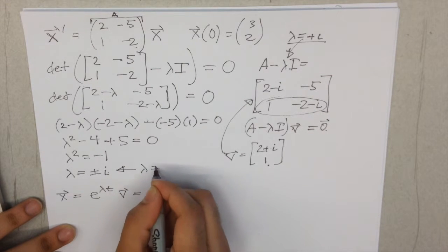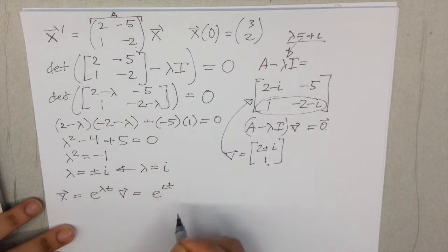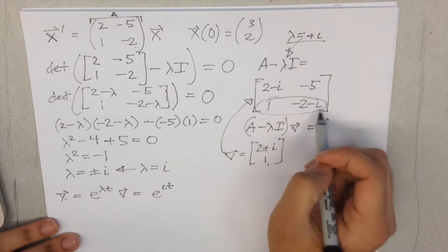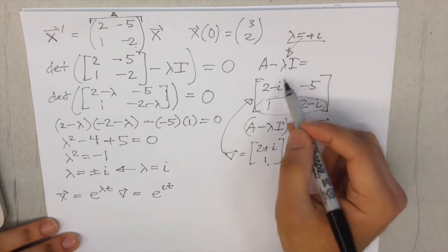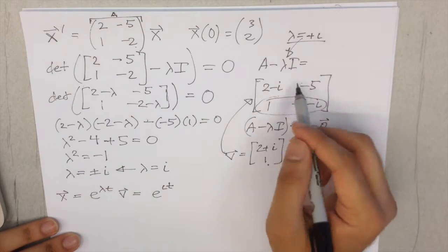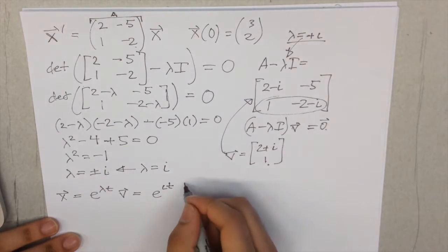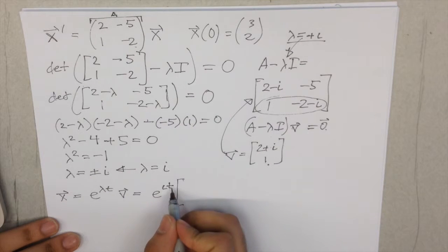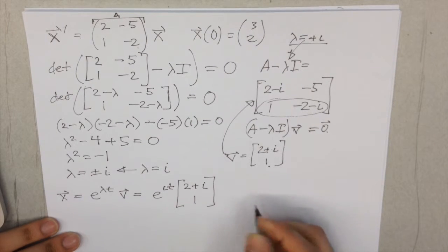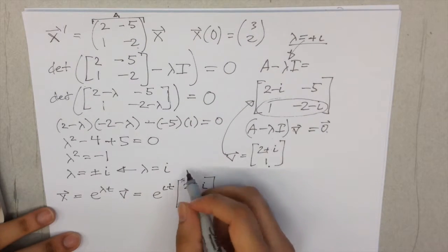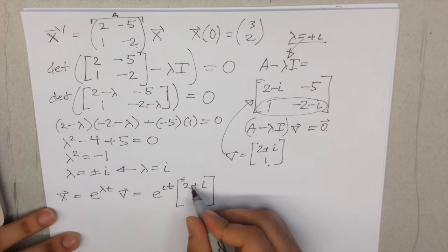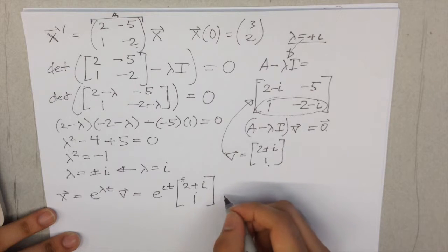I plugged that in over here, and I found the eigenvector for A by using this matrix. I multiply e to the i t times 2 plus i, 1. Yes, that's right.